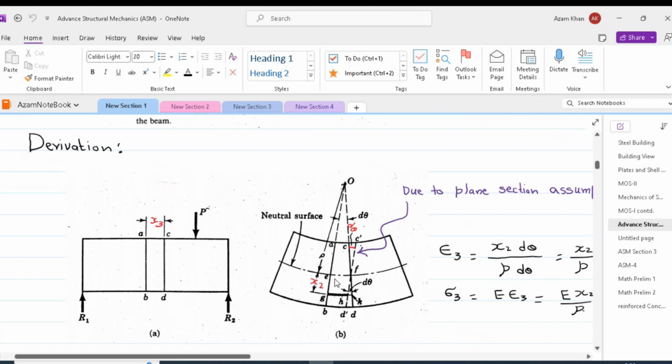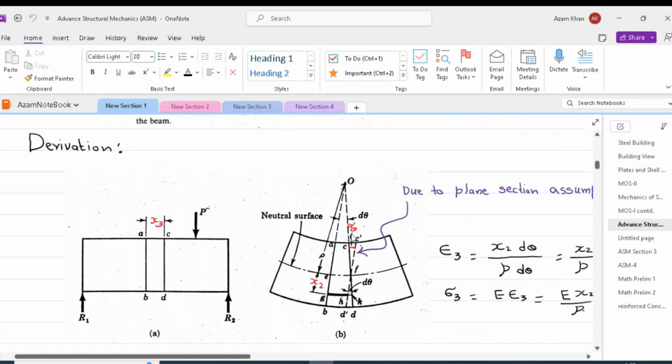It was this assumption of fibers AB and CD remaining perpendicular to the neutral surface that let us consider AB and the original position of CD, which is written over here as C prime D prime, as parallel to each other, and the line OD being a transversal would enable us to make the subtended angle d theta equal to the angle D prime FD.